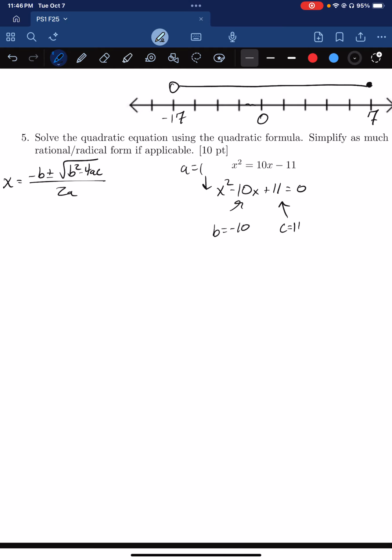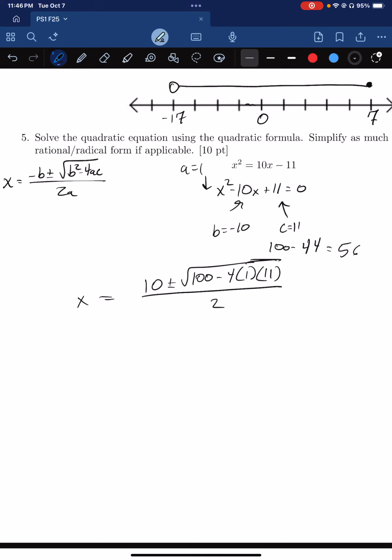And so let's plug in. -b, -10 is 10, plus or minus square root of b squared, 100, minus 4 times a, which is 1, times c, which is 11, all over 2a, which is 2. 100 minus 4 times 11. Well, 4 times 11 is 44. And 100 minus 44 is 56.